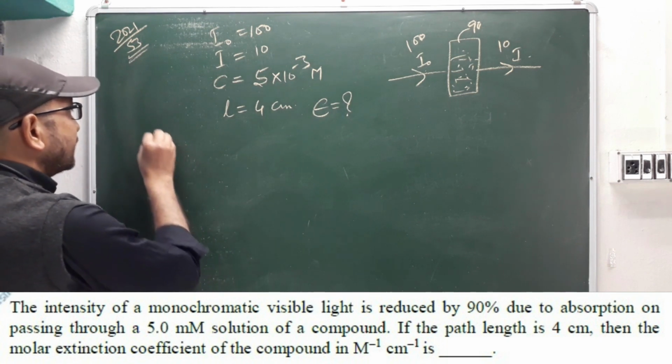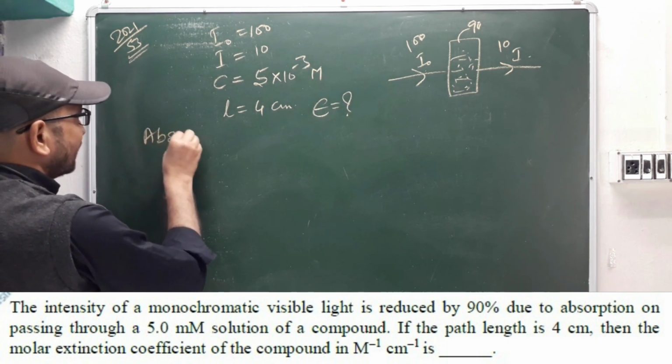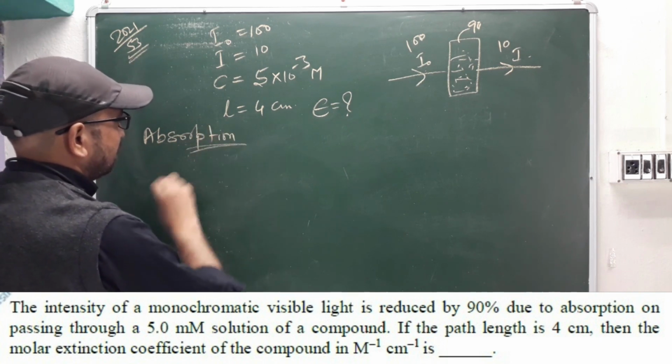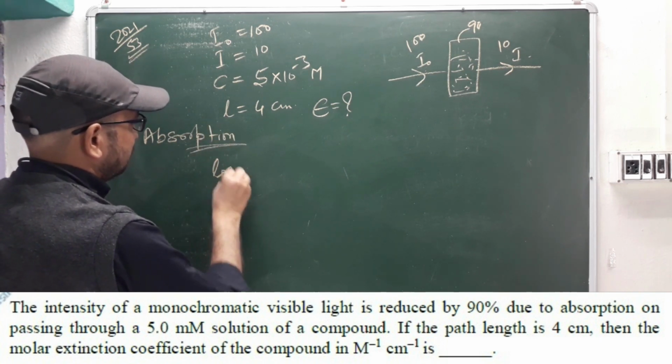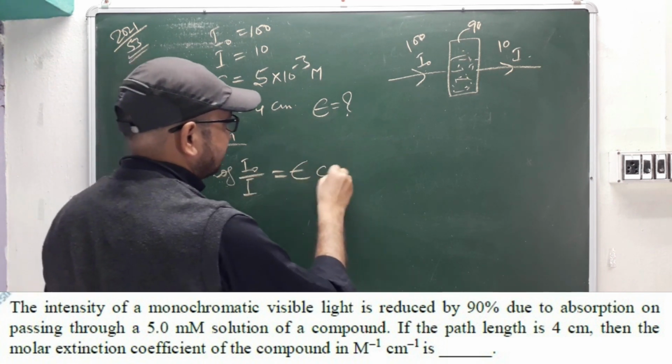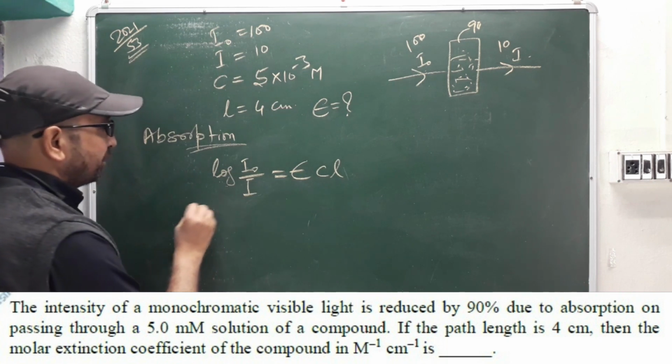So we know the final absorption formula. What do we know? We know that log I0 by I equals epsilon CL. Just put the values.